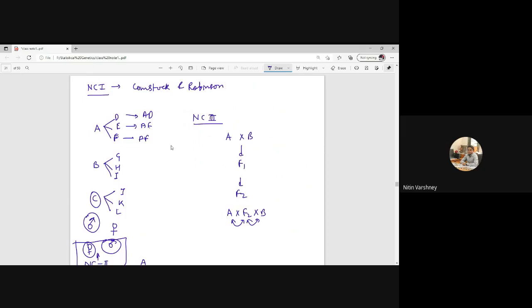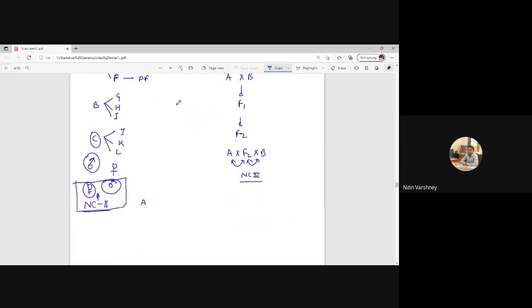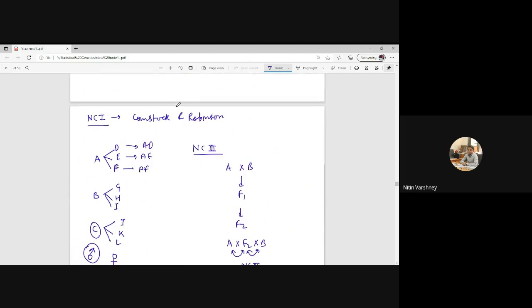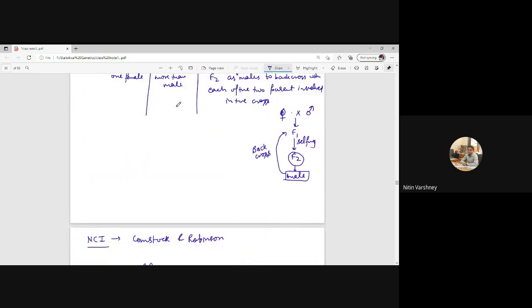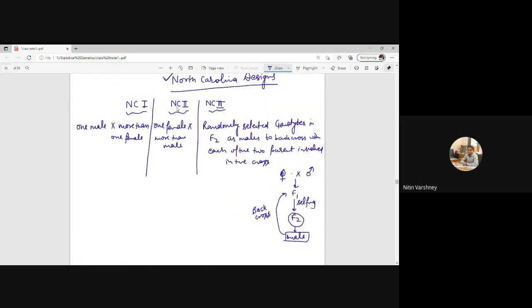So this is known as NC3. Okay. So this is basic about the North Carolina design. If they ask in the question only this type, that one male crosses more than one female, what is this design? So North Carolina 1 design.